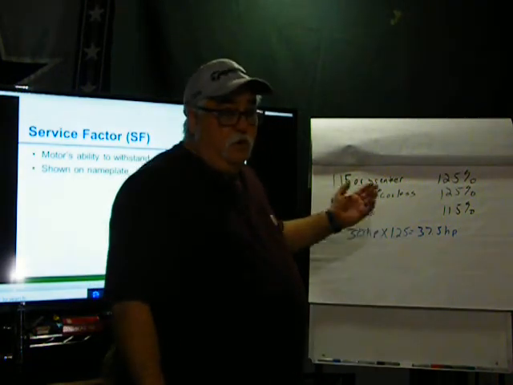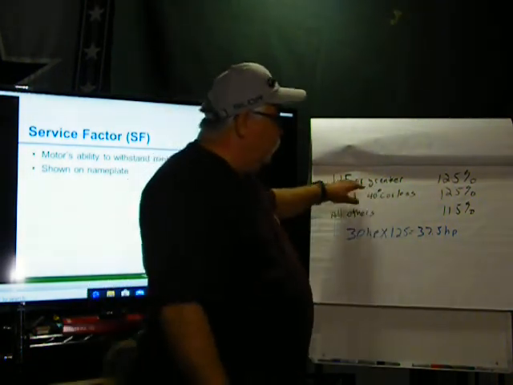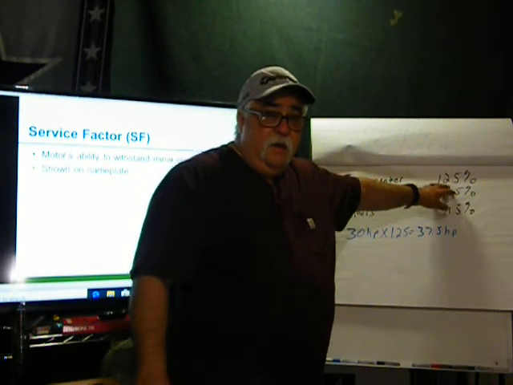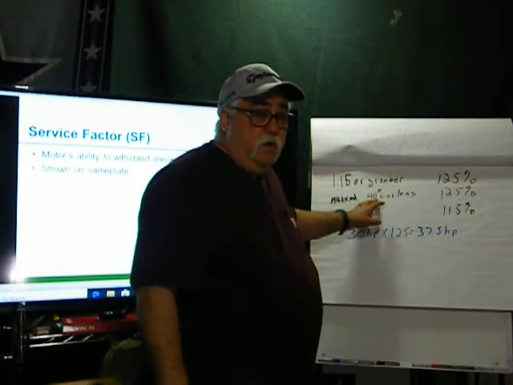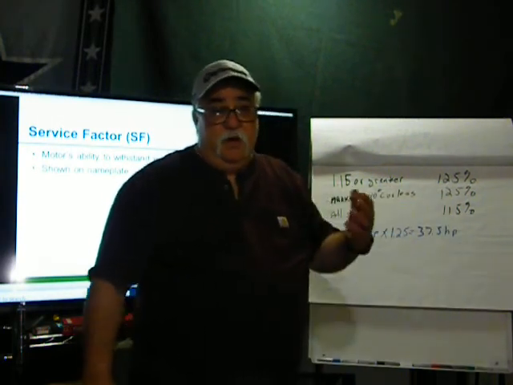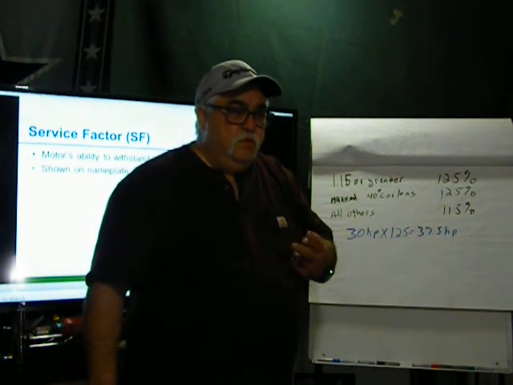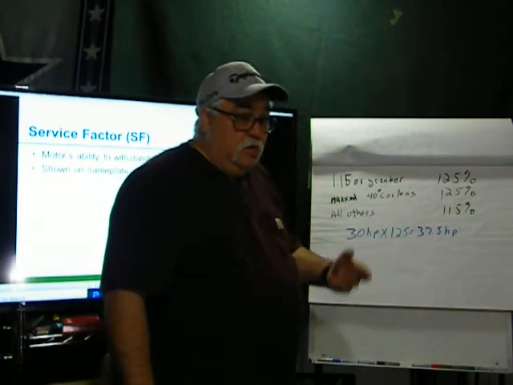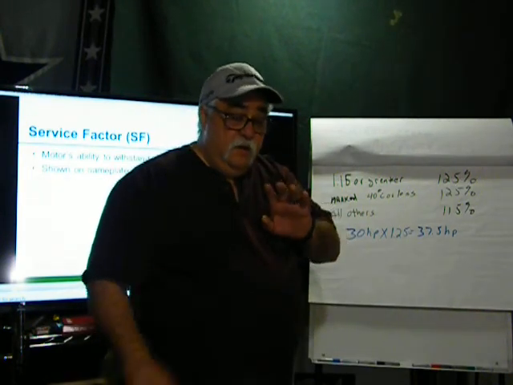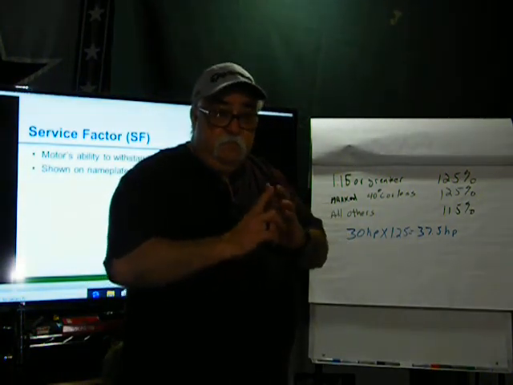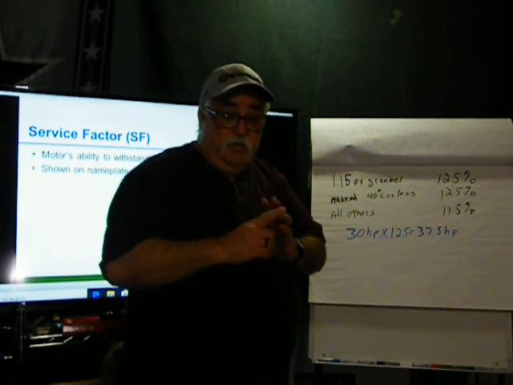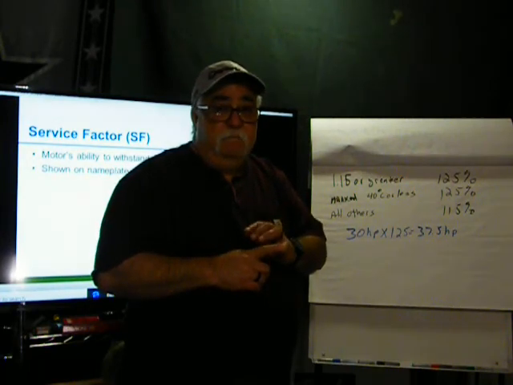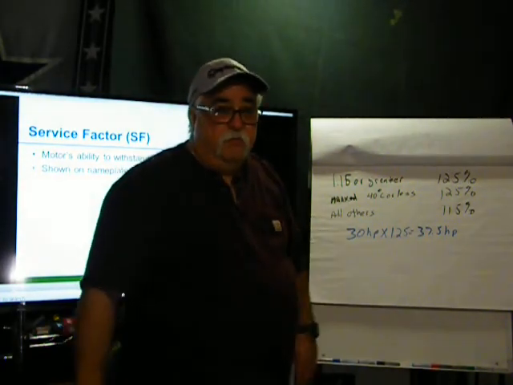So if I had it at 230 volts, what would be the thermal rating? Or at 460 volts, what is the thermal rating? Two of them were dual voltage and two of them were single voltage. On the dual voltage, I want to see both voltages, the 230 volt and the 460 volt, and on the single voltage, only the single voltage.